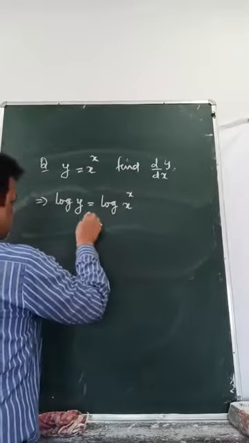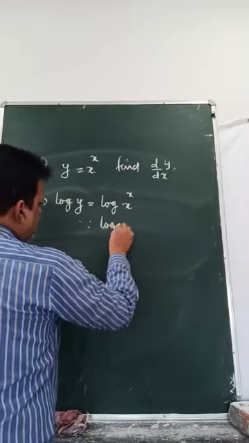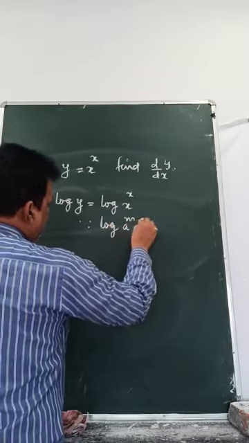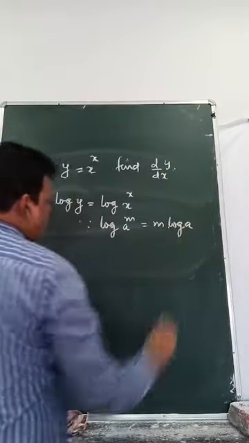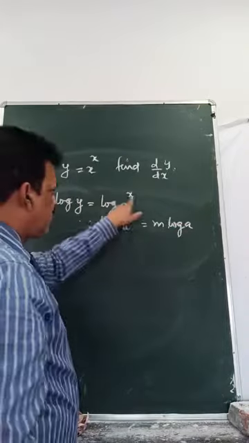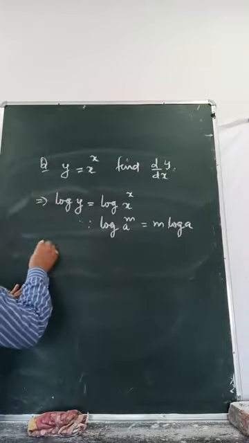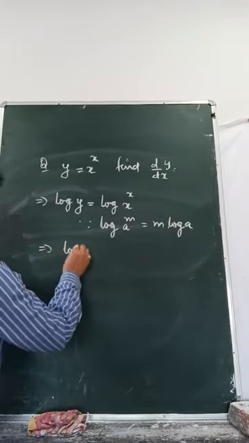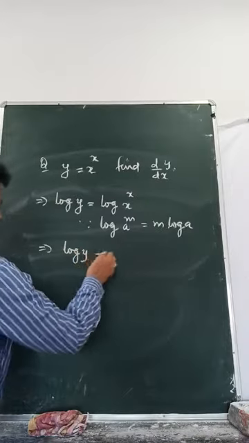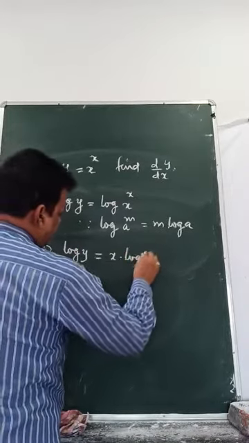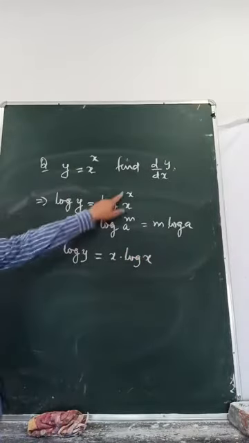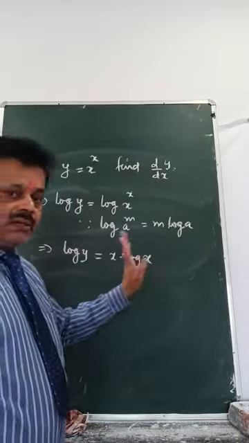So what is the formula? Log a to the power m is m log a, so x will come to this side. This implies log y equals x log x.